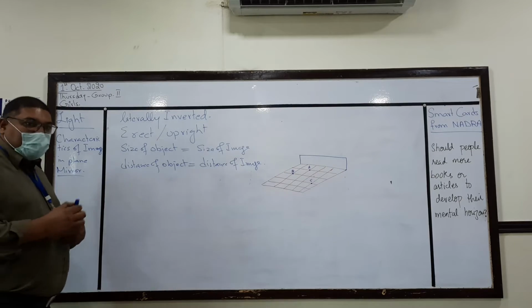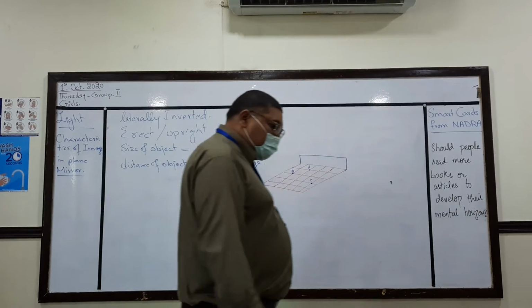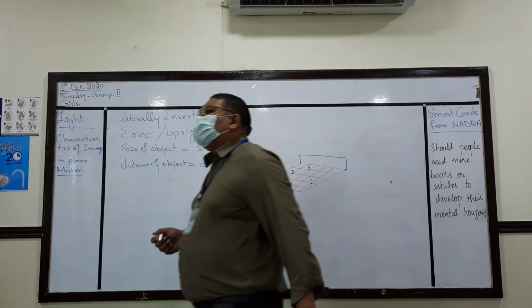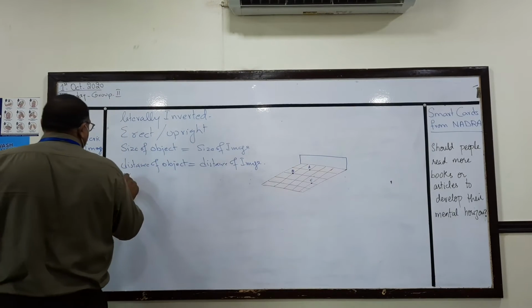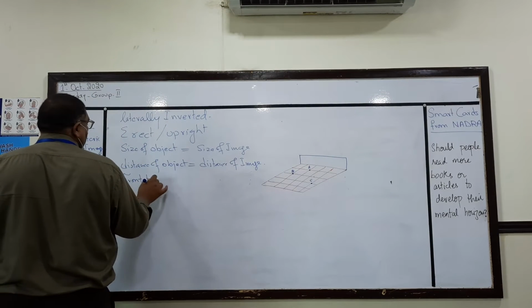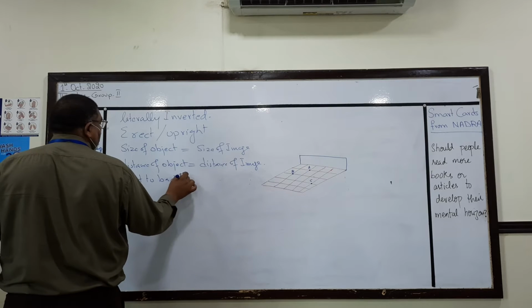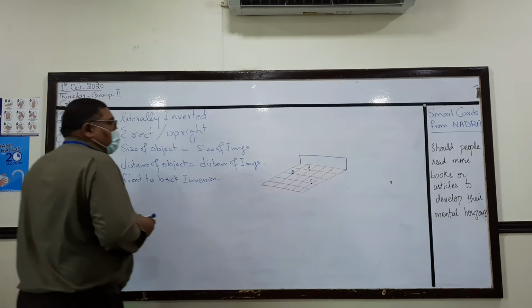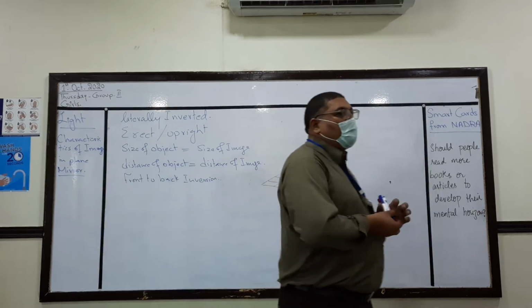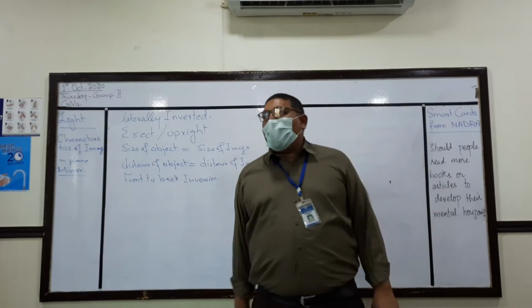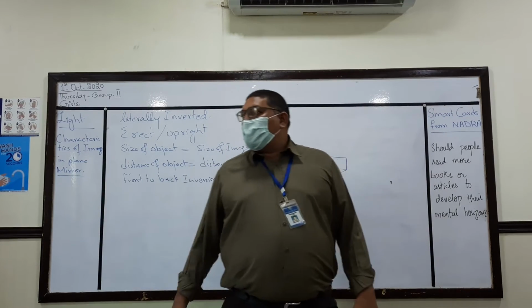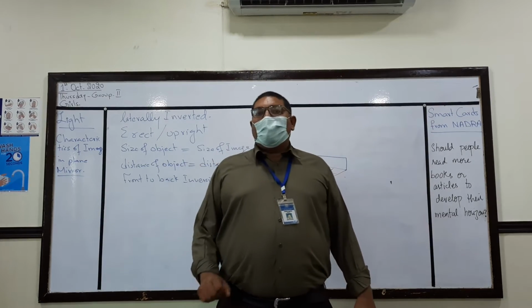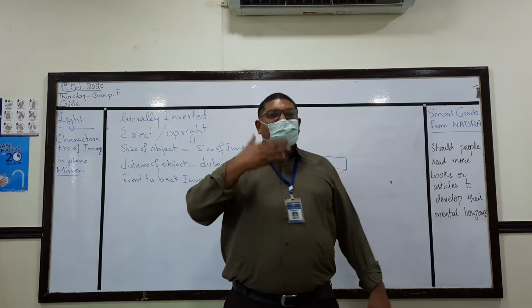Another important thing in the image formed in a plane mirror, we call it front to back inversion. Front to back inversion means if you stand in front of a mirror, for example, here I have a mirror. I'm standing in front of a mirror.